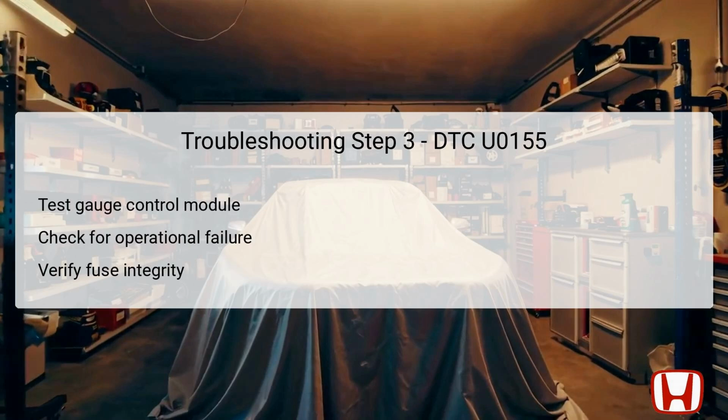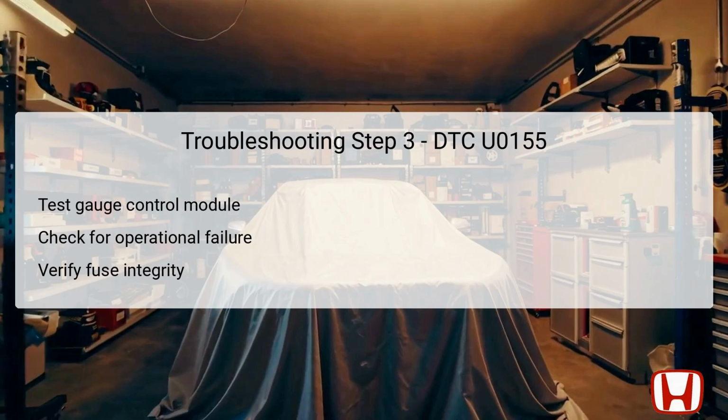In the third troubleshooting step, testing the gauge control module becomes essential. This involves assessing whether the module is operating correctly or if it has failed. A malfunctioning gauge control module can be attributed to various issues, including electrical shorts or complete module failures, both of which would immediately disrupt communication with the TCM.